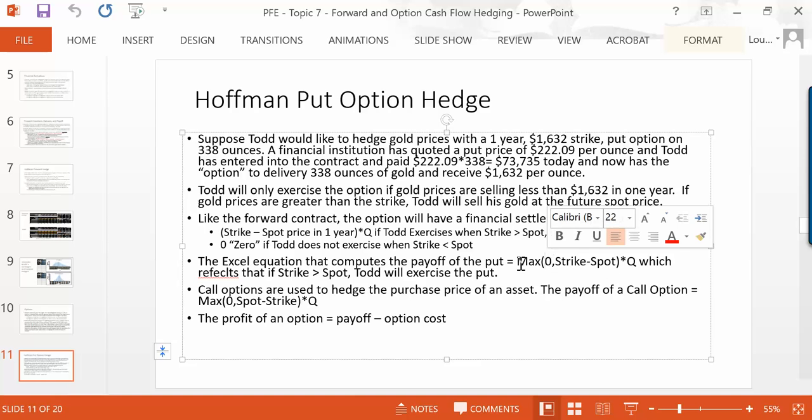So this little function, max of 0, comma, the strike minus spot times quantity, models the fact that if it is not beneficial to sell the gold using the option contract, the payoff is 0. Now for a call contract, we can just swap these two and say it's the max of the spot minus the strike. However, we always have to remember to capture the option cost.